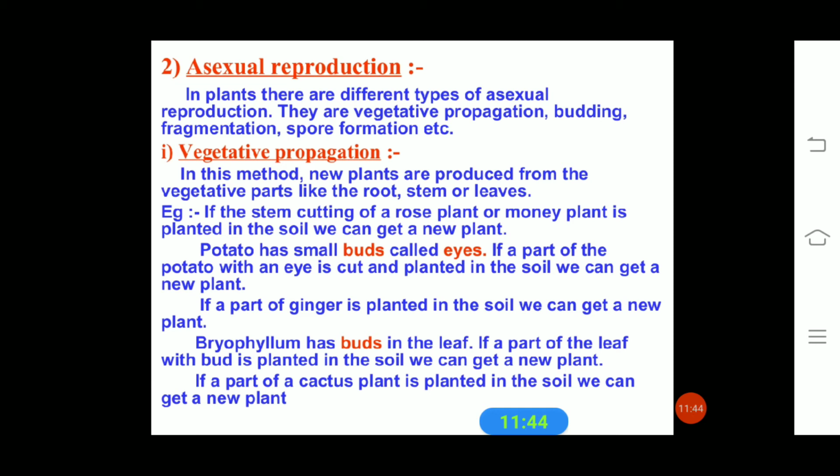This is what we call vegetative propagation, where new plants are produced from vegetative parts like root, stem or leaves. Understood, students? Next we will go to another type of asexual reproduction.